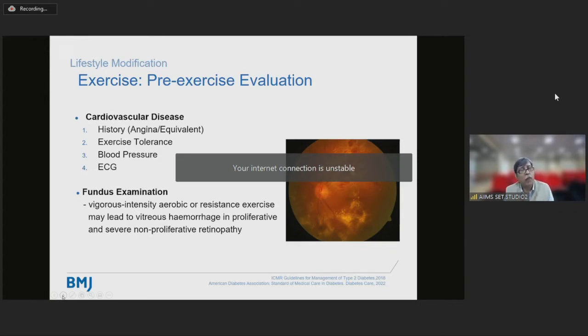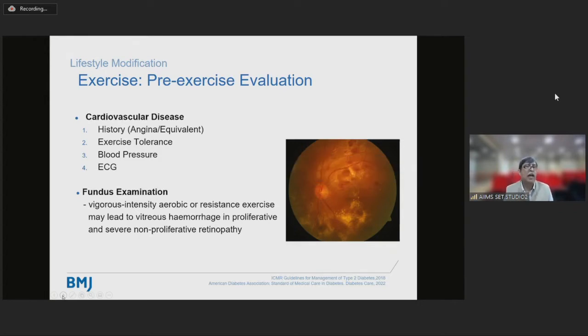But if you start with 10 minutes of mild activity to start with, we're happy. Gradually increase and reach your target. We are not planning to run a marathon, a 100-meter dash. We are planning a long-term race out here. Uncontrolled hypertension, any ECG changes must be reviewed before we recommend a person to have significant exercise. Fundus examination, very important.